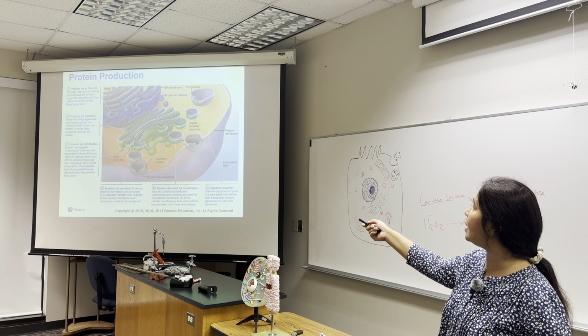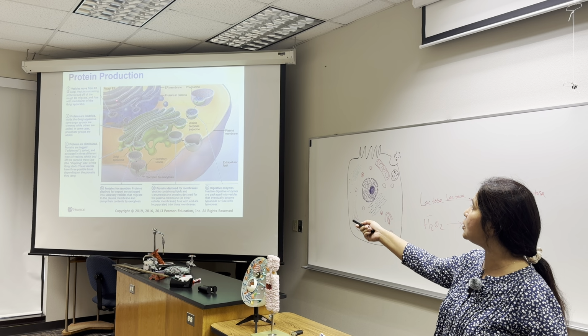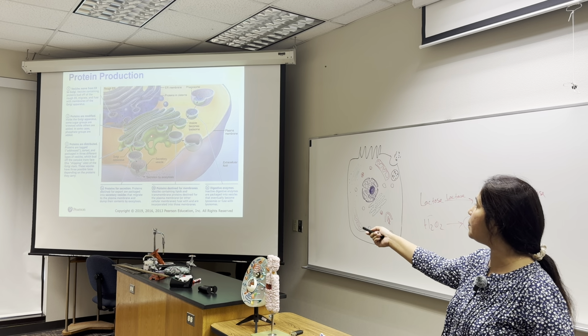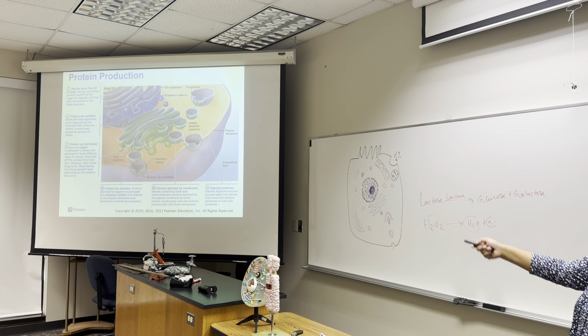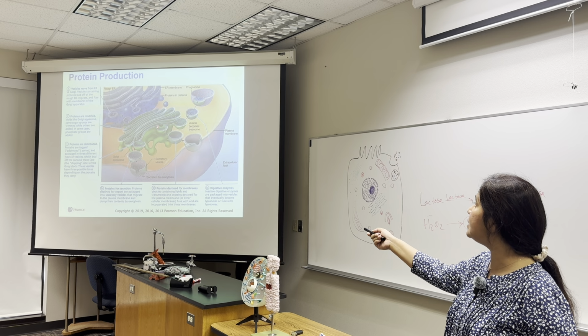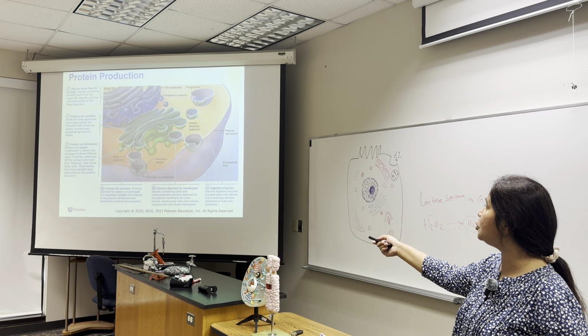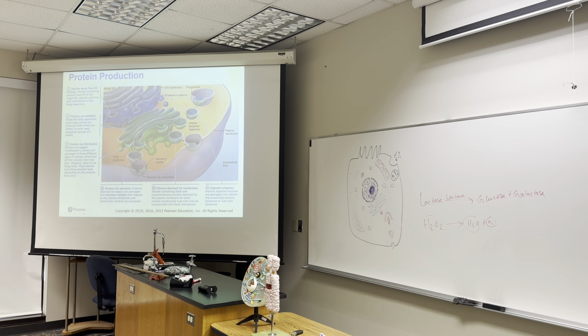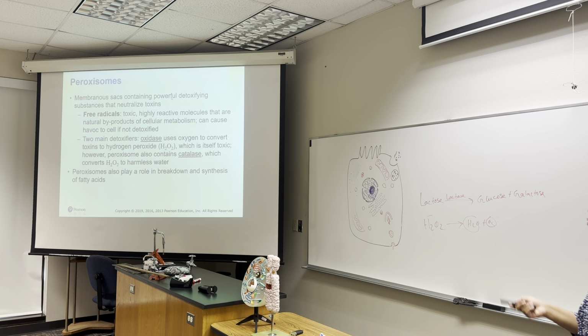So exactly what I told you all about. You are making the protein in the rough endoplasmic reticulum, with the transport vesicle you are sending it to the Golgi apparatus. In the Golgi apparatus, you are sorting, packaging, labeling, modifying, and then dispatching it with the transport vesicle to their designated place, right? Okay, so the next one is what?